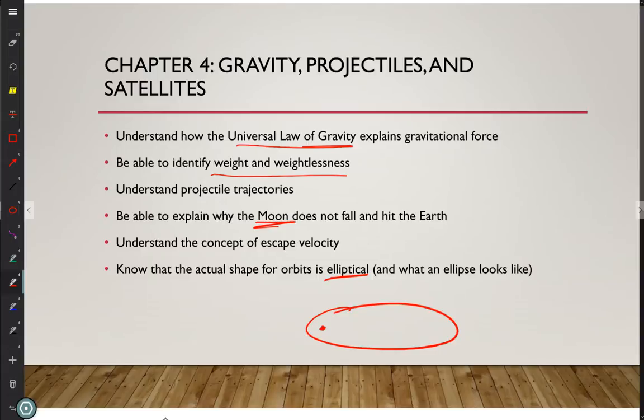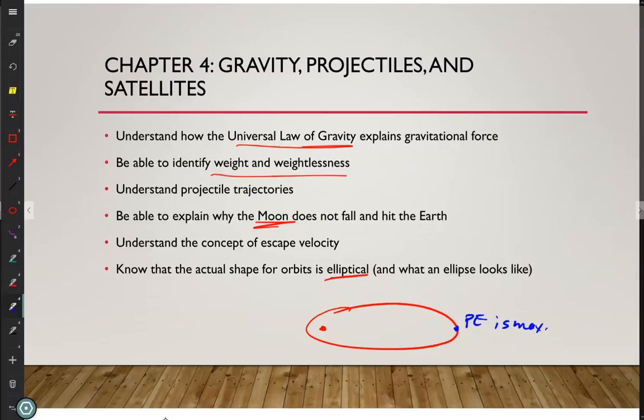If this is the Earth, where's the moon going to be going the fastest? You can answer this without knowing beforehand, just by thinking about the work energy we just talked about. Where does the moon have the greatest potential energy? When it's furthest away. So out here, the potential energy is maximum.